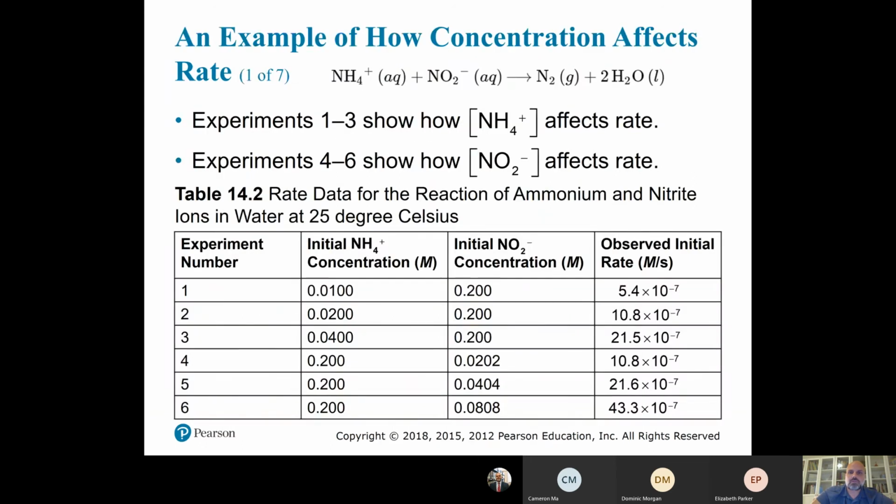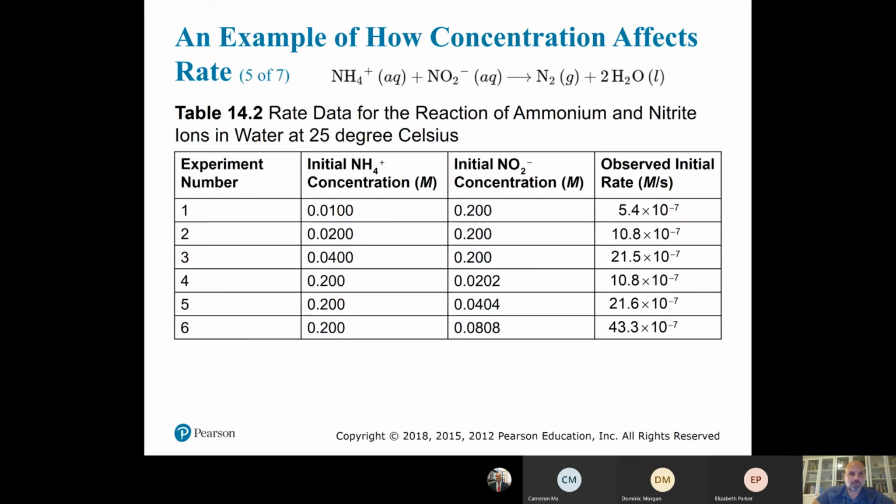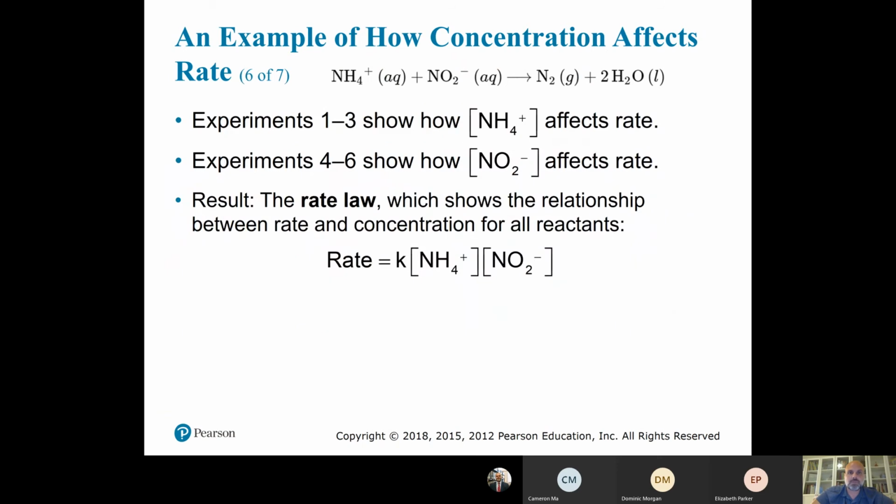So whereas we can look at rates in a different way, what am I looking for here? Give me a second. Right.